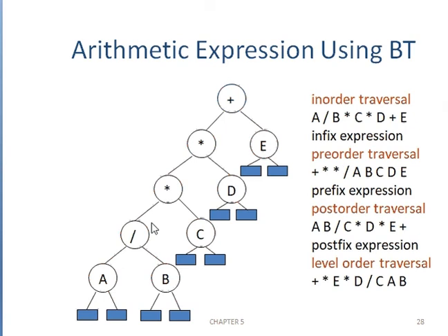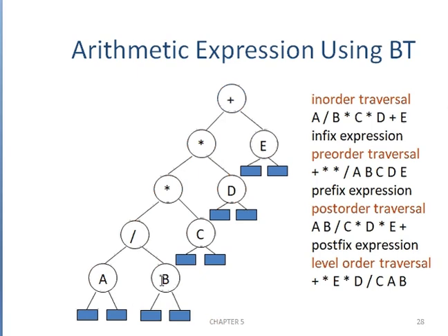Then again its left subtree you consider. It picks its node, that is slash. So slash is taken. Again take its left subtree, that is A. So you take the node and get A. Then after moving back, you take B, the right subtree.